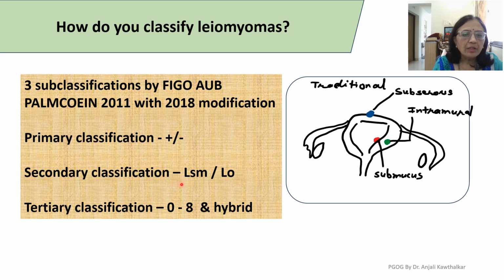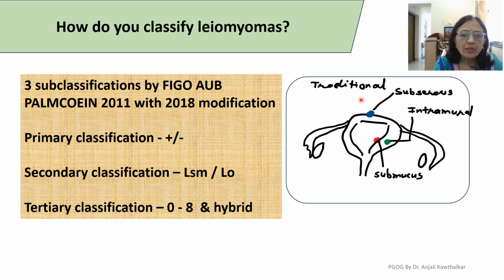Secondary is dividing the leiomyomas into one group as leiomyoma submucous, that is SM, and another group, leiomyoma O, for others. So the leiomyomas are divided into either submucous or all the others, which are included in O. Tertiary classification has a total of 0 to 8 varieties of leiomyoma, and there is another one called hybrid leiomyoma.